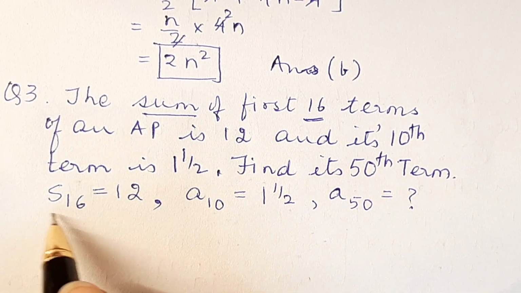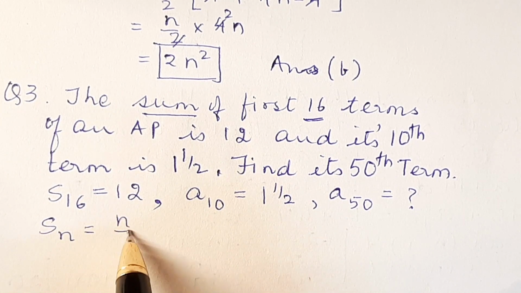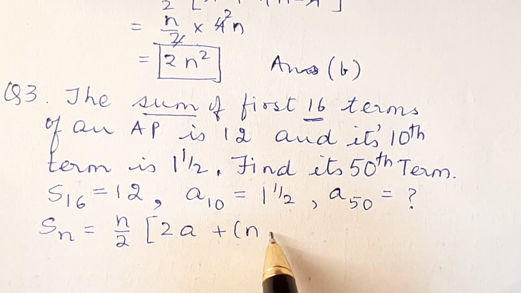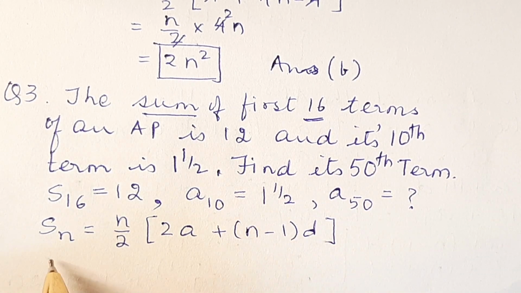Now, if we are given the sum, we will use the sum formula. What is our sum formula? Sn is equal to n upon 2 into bracket 2a plus n minus 1 into d. And so 12 will be equal to, now S16 it is, so we will write here S16, which is 12. So n is how much? n is 16.